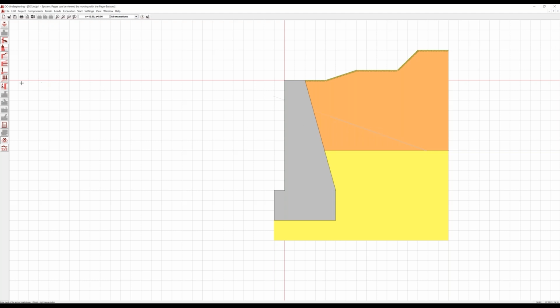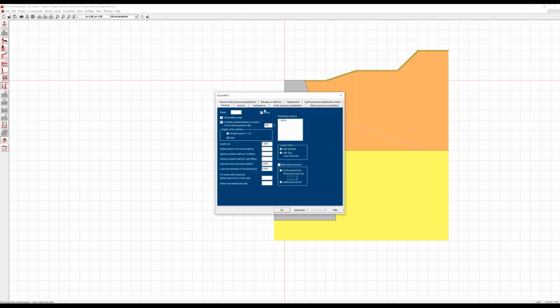So we need a first excavation stage here below the first anchor to be able to place the anchor. So in this excavation stage 1, the anchor is not yet used. So this is switched off.